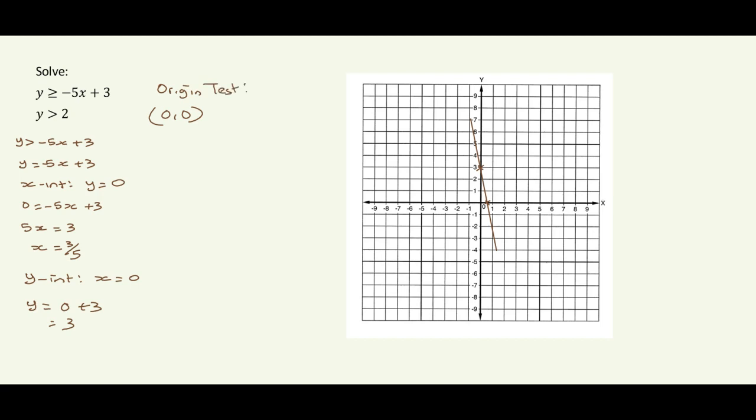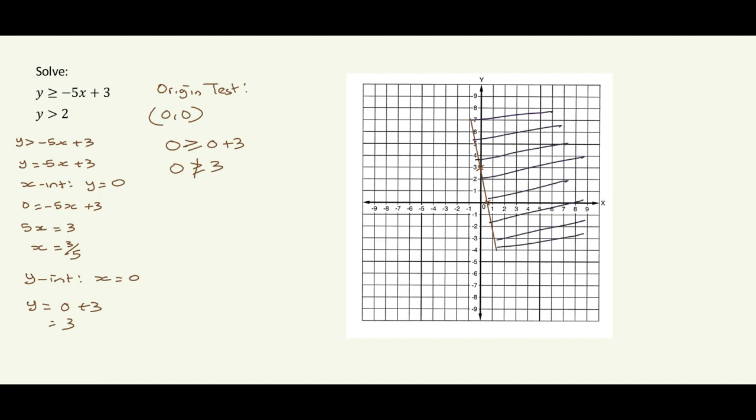So what we're saying here is 0 is greater than or equal to 0 plus 3. So 0 is greater than or equal to 3, which is factually inaccurate. So we're going to shade every part of the graph that does not have the point 0, 0. So that's going to be this portion of the graph. This does not have the point 0, 0.